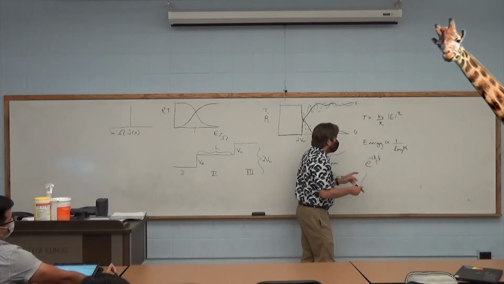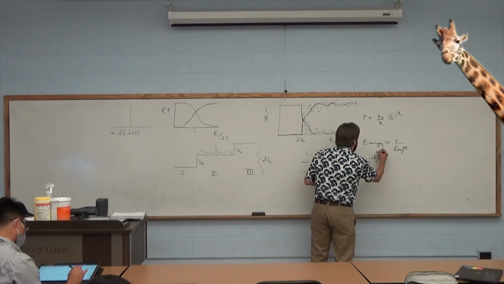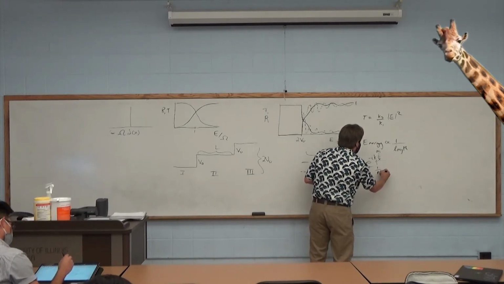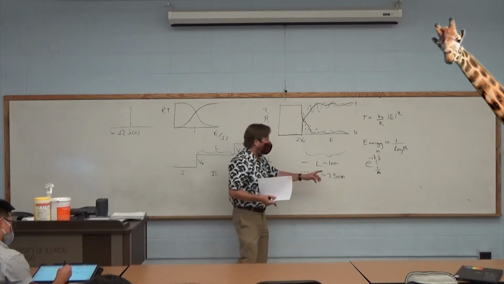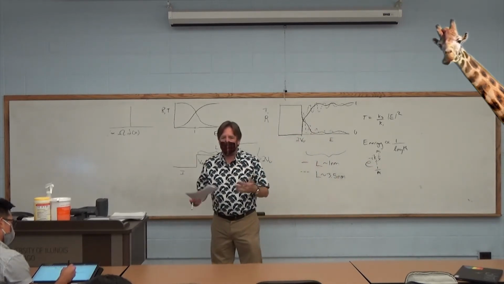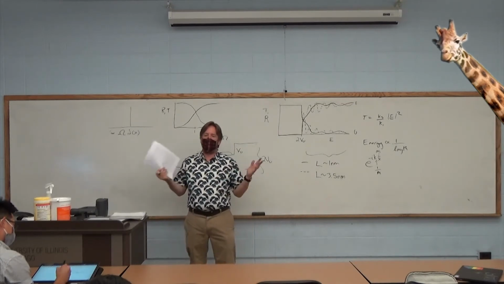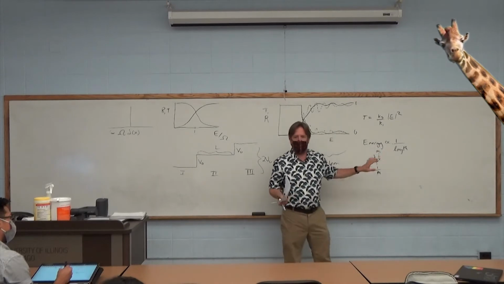The argument of an exponential cannot have units, so therefore if x is meters, then k has to have units of 1 over meters. Right? Because you cannot have e to a meter. That's nonsense. You can't have e to a joule. You can't have e to a kilogram meter per second. It has to be e to no units or you're talking junk.